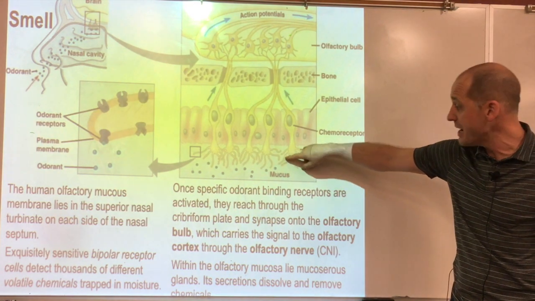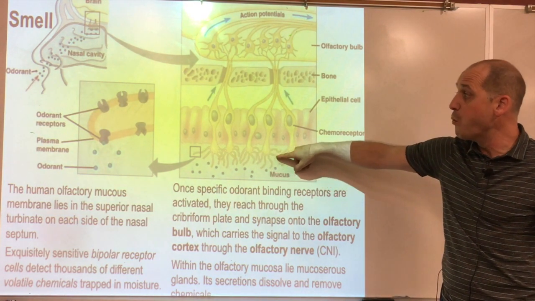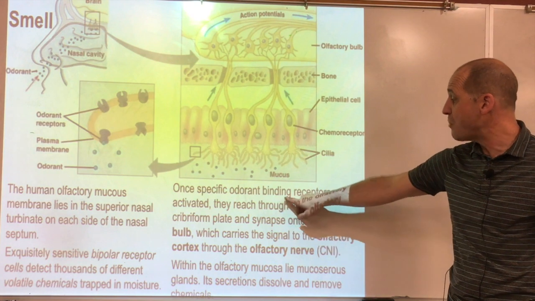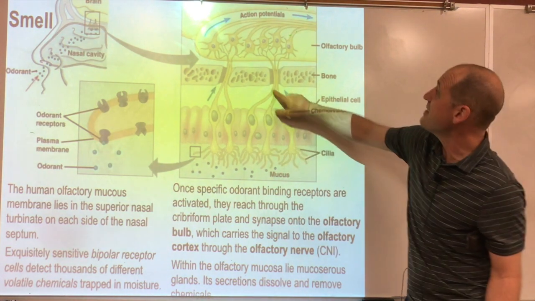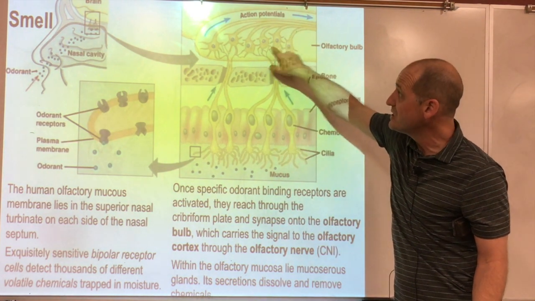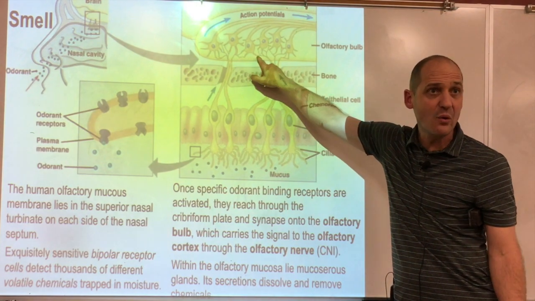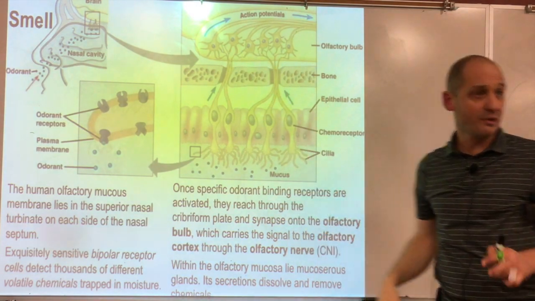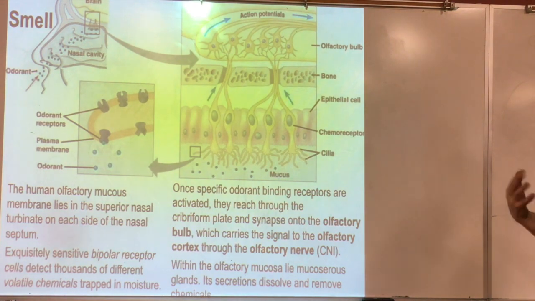And there are many different possibilities of odor binding to receptors, but then they reach through and they get to these different cells that combine different odors together, and it gets all complicated. And that's why we can pick up so many different types of odors.